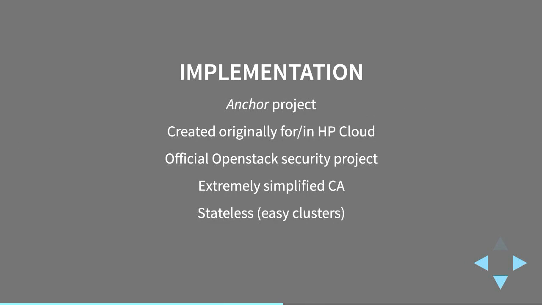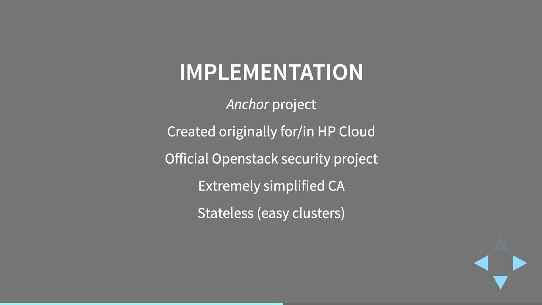So the implementation. Basically, we went for an extremely simplified CA, which is called Anchor. It's now part of, well, from the beginning, it's been part of the OpenStack security. It's used, I know of some companies that use it internally. Don't know if I can say which ones. But it's in use.